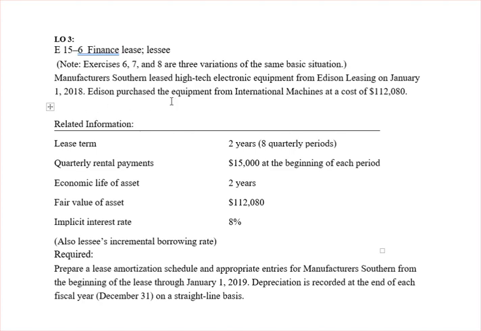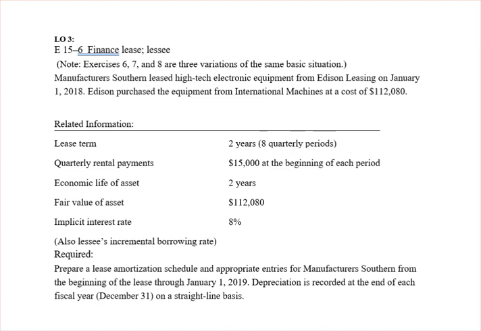Edison purchased the equipment at a cost of this amount, and then they are going to turn around and lease it out. Now I look at this and I'd say, okay, if the owner of it purchased it for the same amount as probably the selling price, then what do you think? Do you think this is a sale situation or not?